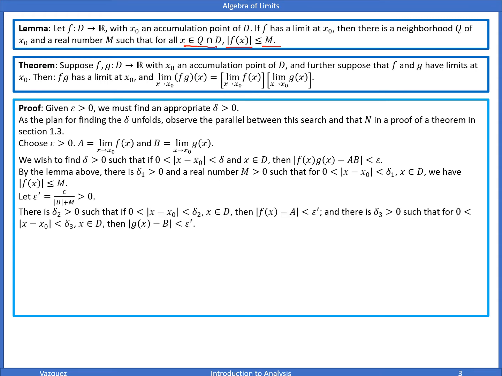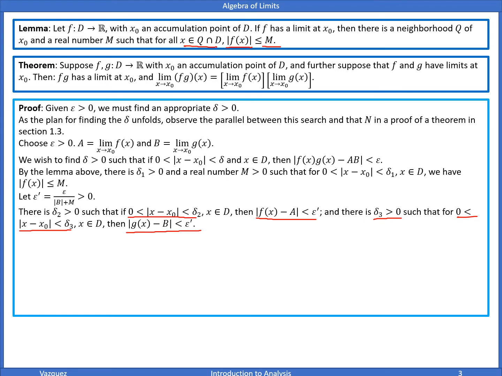Well, there's a delta 2 greater than 0 such that if this inequality holds, then the absolute value of f of x minus A is less than epsilon prime. And there's a delta 3 greater than 0 such that, again, if this holds, then the same holds for g of x minus B; it's less than epsilon prime.